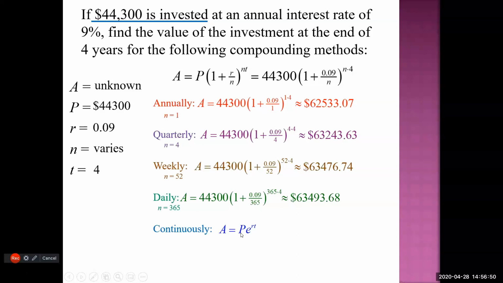It's just your principal, 44,300, times E raised to the power of 0.09, the rate, times 4 years. And that's not even a $3 difference, but it is a little bit more each time. Okay, so that should help you with question number 20.